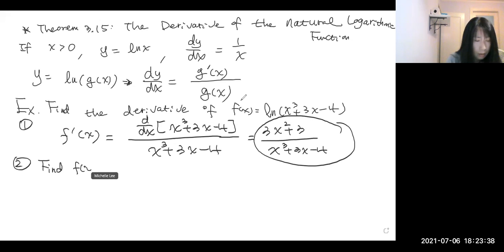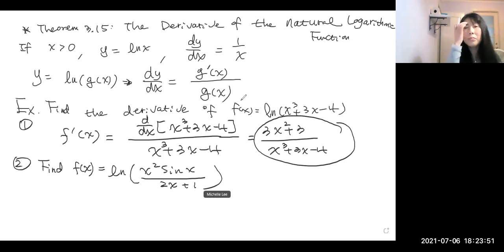Let me slow down a little bit. So ln of x squared sine x over 2x plus 1. Okay, so this one, we're going to use the properties of log from earlier. Quotient, then we make a subtraction. Multiplication, we make addition, right? Make sense?